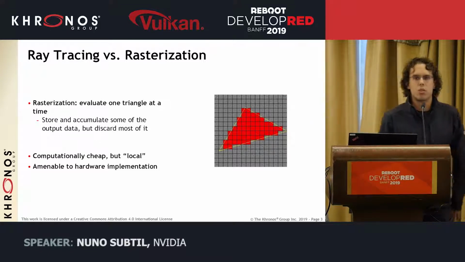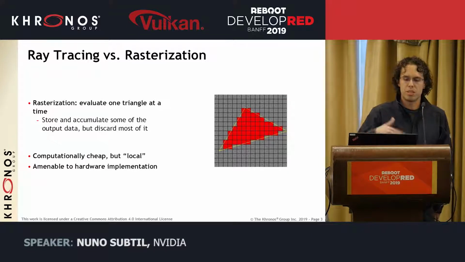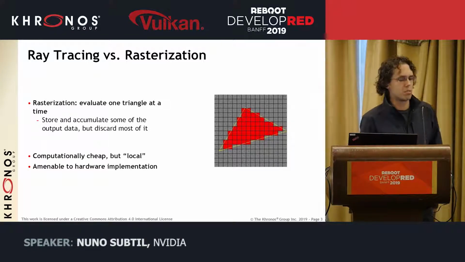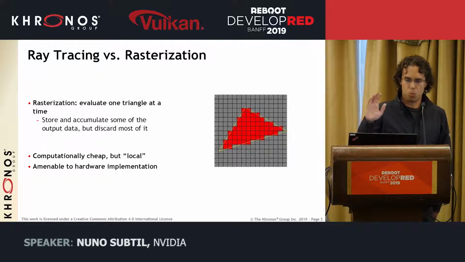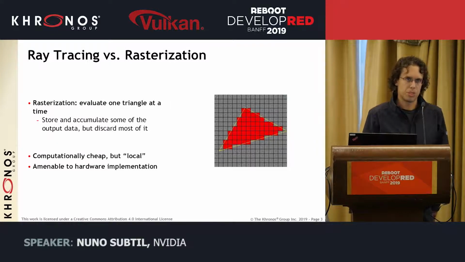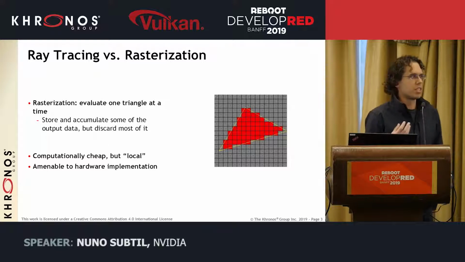And with rasterization, what you're doing is traversing that list, and for each triangle individually, you're going to run your vertex shader, project those vertices onto the screen, and then the rasterization bit is where you figure out which pixels on the screen are actually covered by your triangle. And for each of those pixels, you're going to run some sort of pixel or fragment shader to determine the color of that pixel.